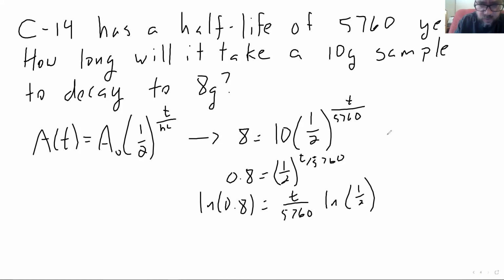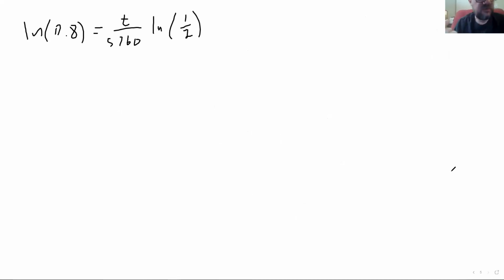So I'll divide by log of a half. So we're going to have, I'm going to get a new screen here. We got ln 0.8 equals t over 5760 ln of a half. I don't know why I'm mixing fractions and decimals here, but it makes no difference.